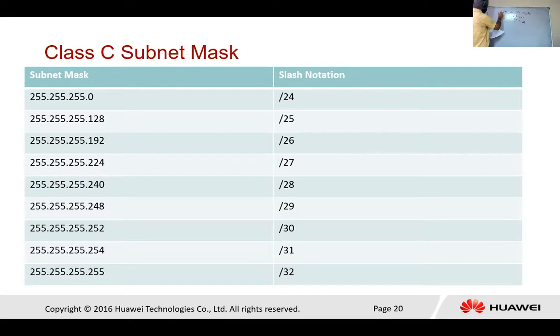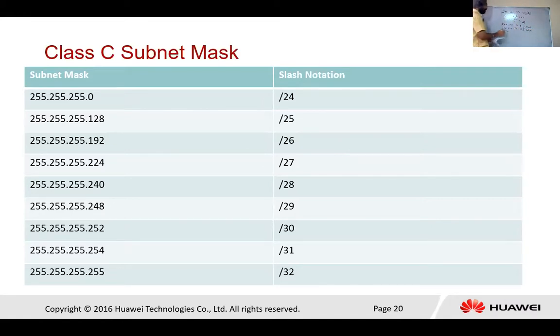First block for this IP address, that is 200.100.150.0 to 200.100.150.15.